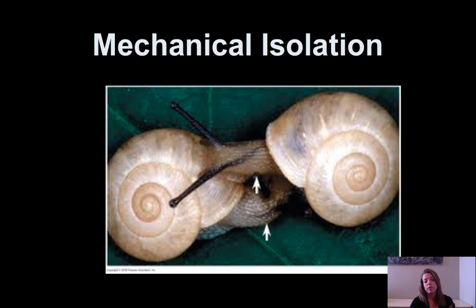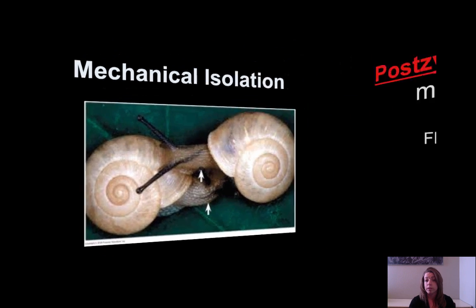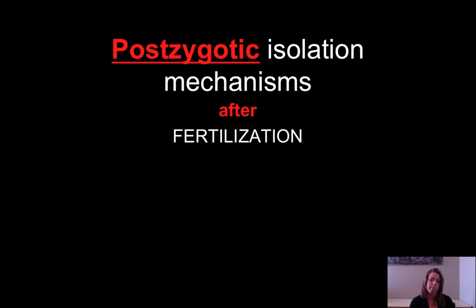Doesn't seem like a big deal until you realize what those arrows are pointing to are their gametopores, or the pores where their gametes are produced. And so because their shells go in opposite direction, they can't get those lined up without somebody turning over. And so when they can't get their gametopores lined up, they're never going to be able to exchange their gametes for fertilization to occur. All right, so mechanical parts and pieces don't line up.